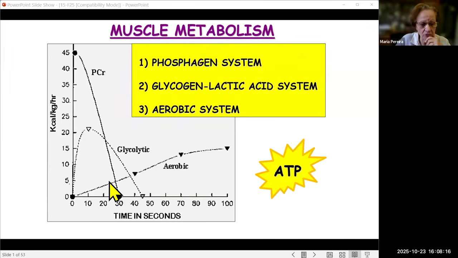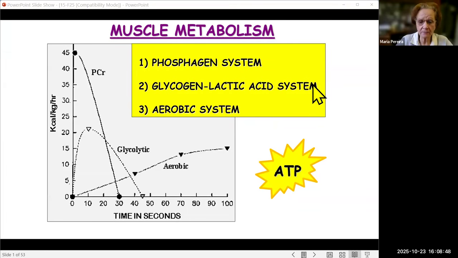Then you also know the aerobic pathway, which is, so in the glycolytic pathway, you have glycogen. Remember, glycogen is a polymer of glucose. So many glucose molecules are attached to each other, and the glucose is stored in the muscle as glycogen. And in the anaerobic pathway or the glycolytic pathway, you have glycogen converted to glucose, and then glucose goes through several chemical reactions.